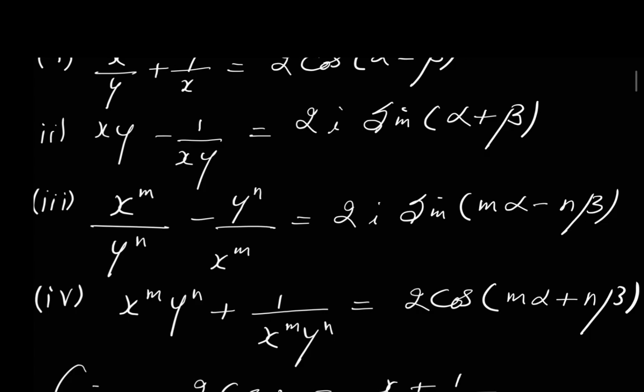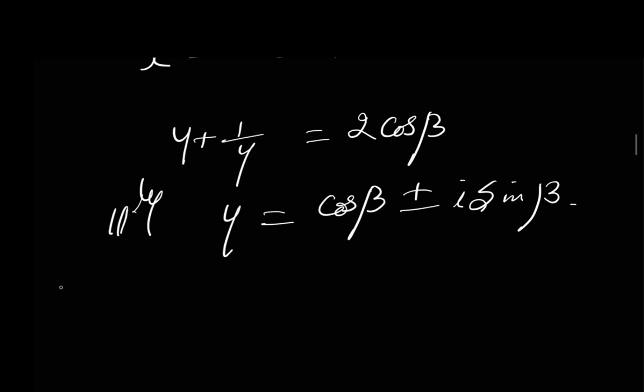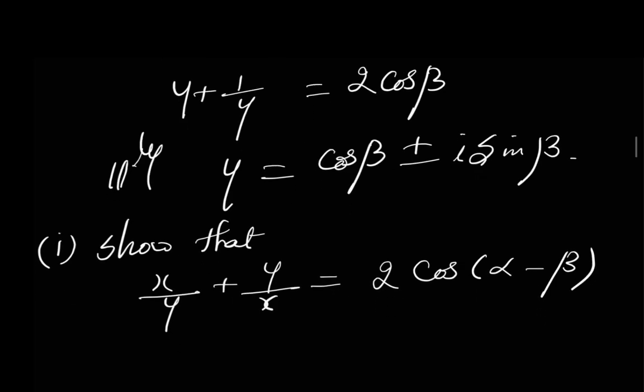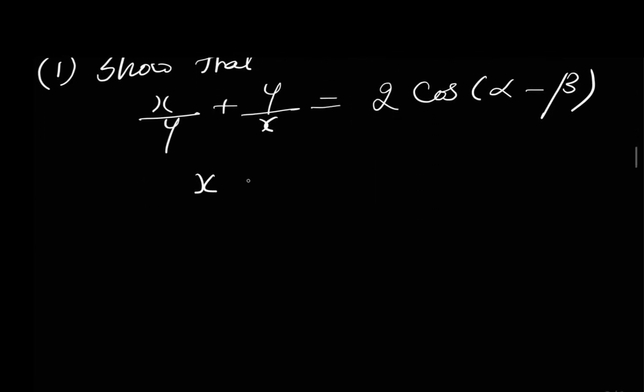X by y plus y by x. Show that, right? First question, show that x by y plus y by x is equal to 2 cos(alpha minus beta). See, for this, we have two options for x. So let me take x as cos alpha plus i sin alpha.